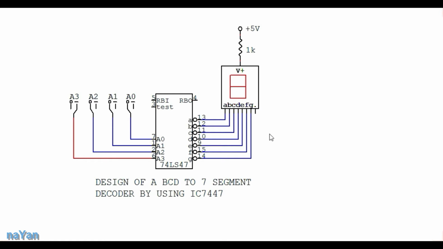So we can check by giving 8 as input. Now after 8, 1 0 0 1 forms a 9. So up to here it's a 4-bit BCD. So the BCD to 7 segment decoder using 7447 circuit simulation works properly. Thank you.